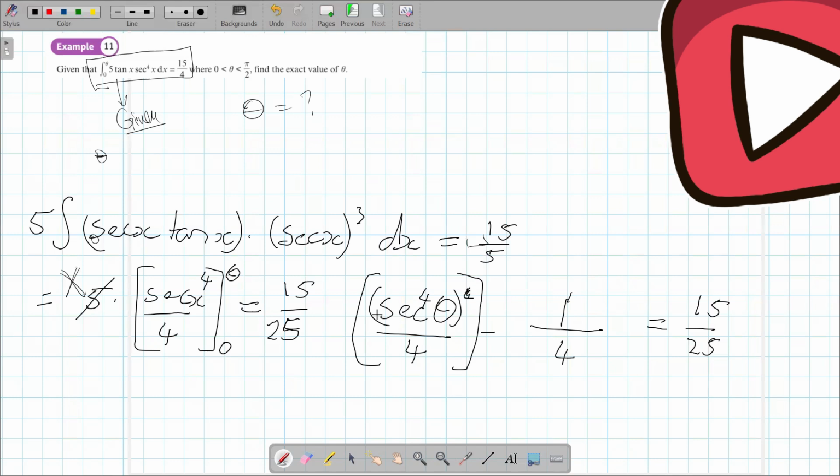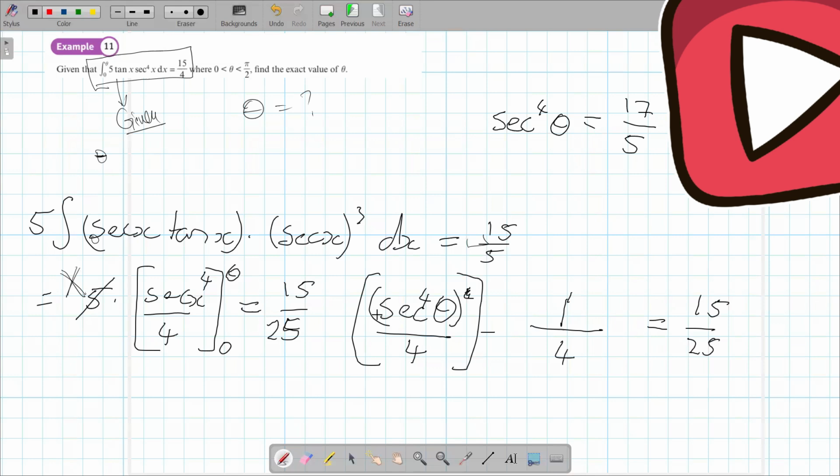And then times that by 4. Yes. So you end up with sec to the 4 theta equals 17 over 5.